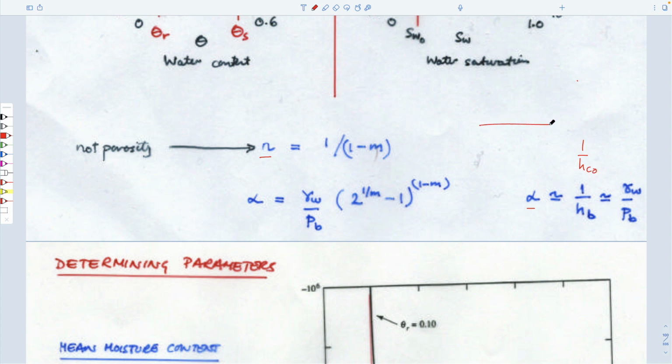Remember when we talked about the height rise within a capillary, we talked about this being h sub c 0. I guess if we drew the capillary pressure versus saturation curve next to this, it would look exactly like this as well.